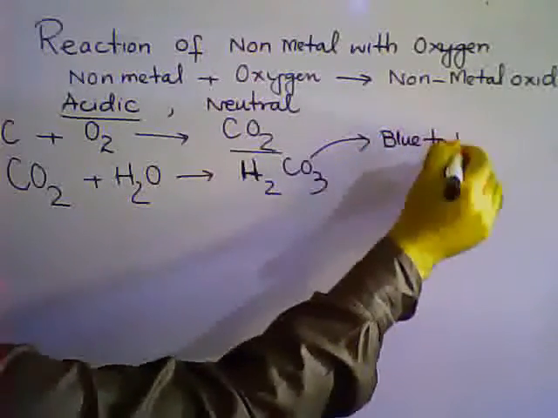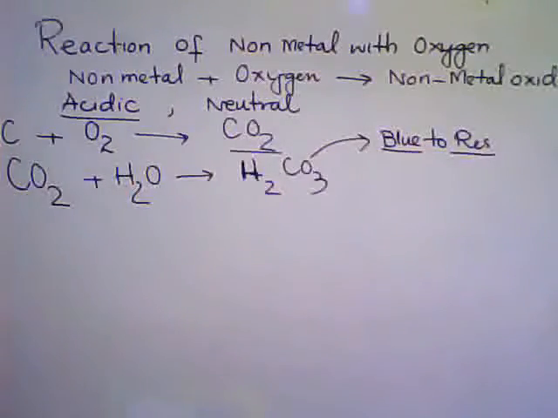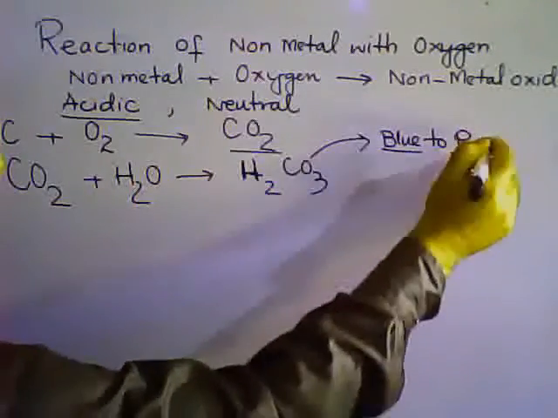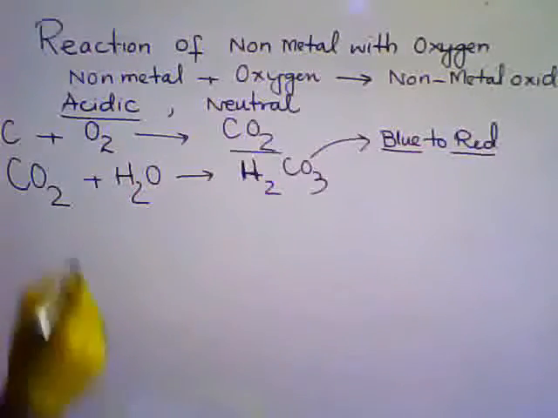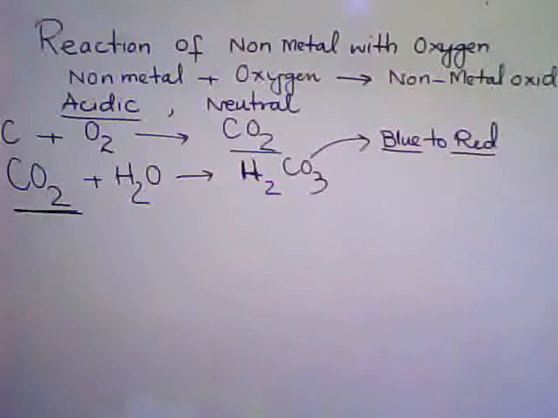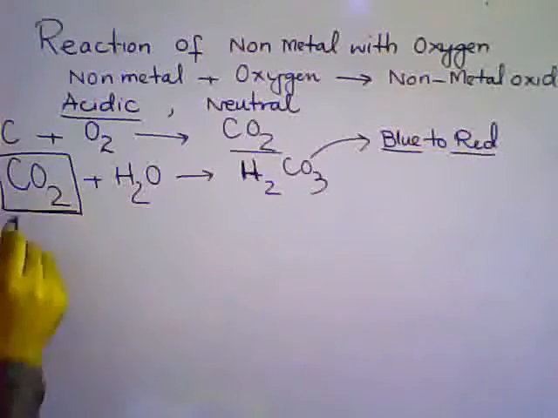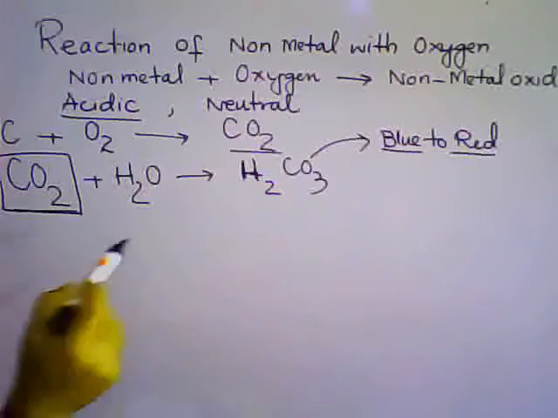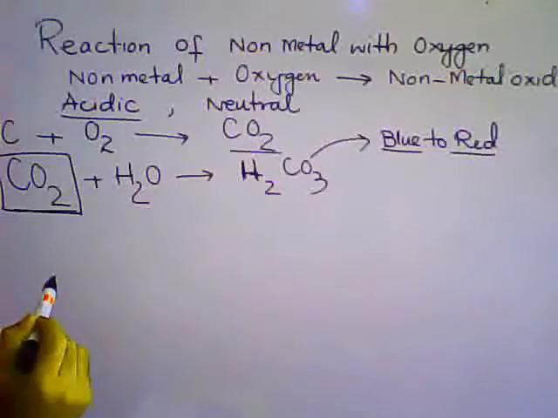We know that acids always convert blue to red. Okay dear? So blue litmus is converted into red litmus. So this indicates clearly that this oxide of carbon, a non-metallic oxide, has acidic nature, because on dissolving in water it forms an acid known as carbonic acid.